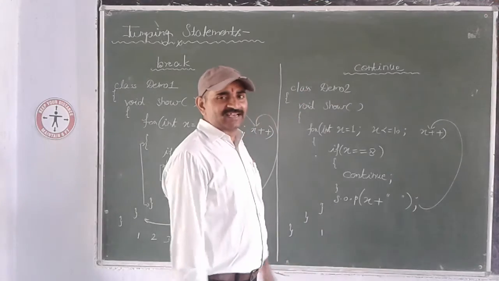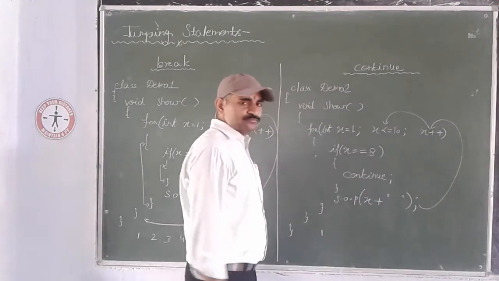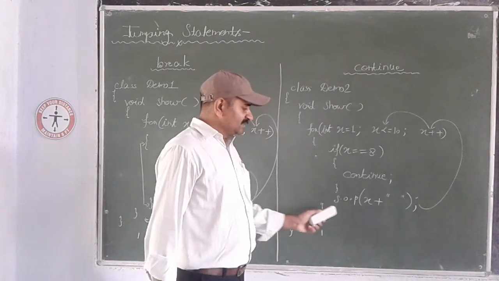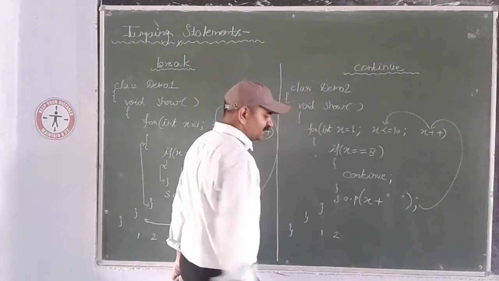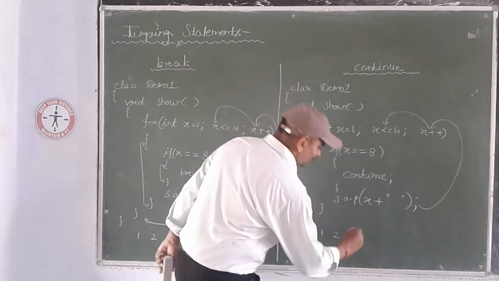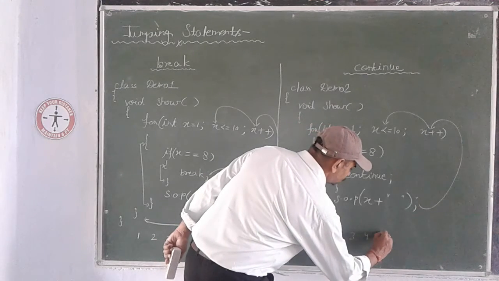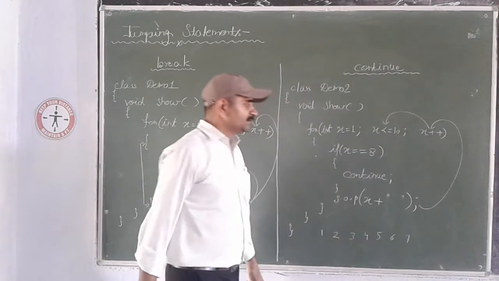So x becomes 2. 2 is less than or equal 10, condition is true. Now 2 is equal 8, condition false. So here 1 then 2 is printed. Now same process is continued: 3, 4, 5, 6, 7.